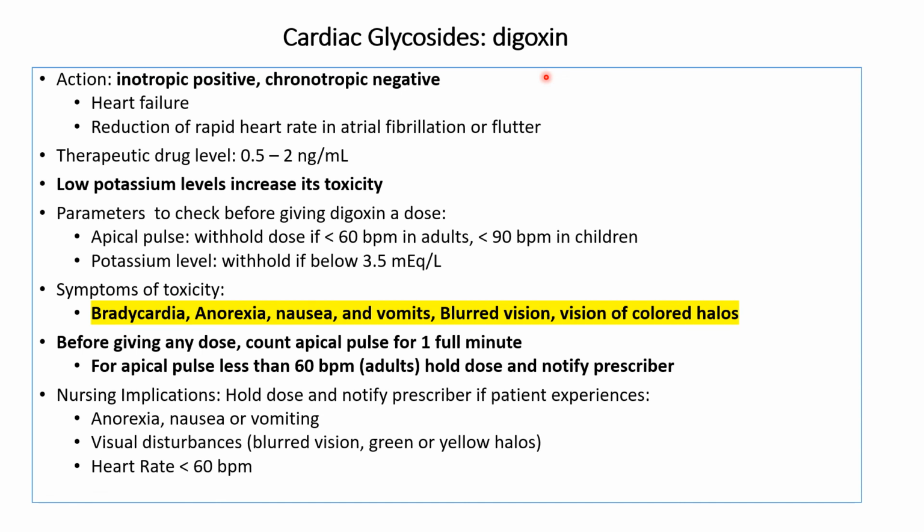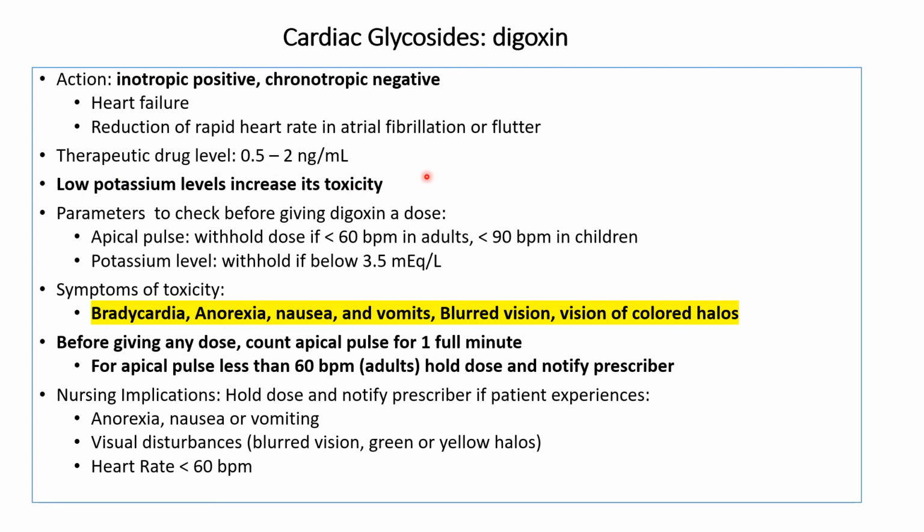But it's also chronotropic negative, so it could be used on purpose when the heart rate is too high or in certain tachycardias, like the atrial fibrillation or the atrial flutter. It's very toxic, has a narrow therapeutic range, and the low potassium in the blood potentiates this toxicity. So it's very important, the level of potassium in patients taking digoxin.